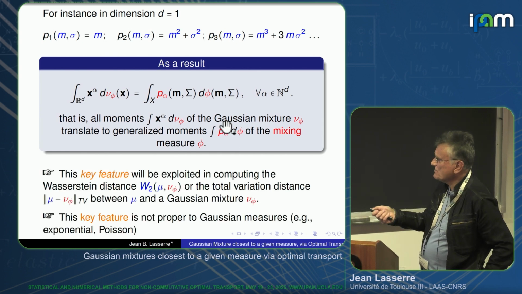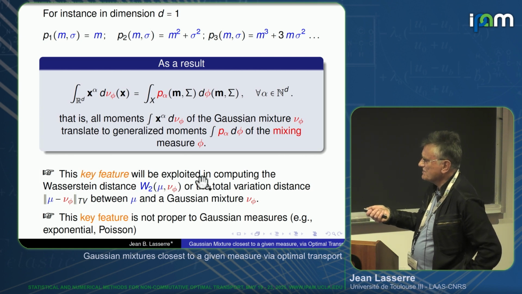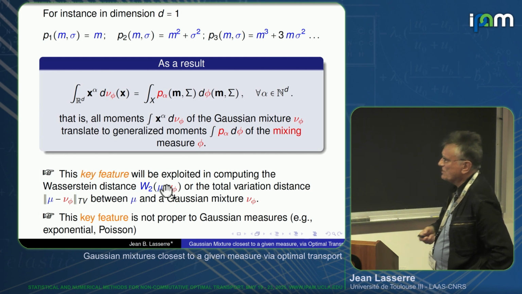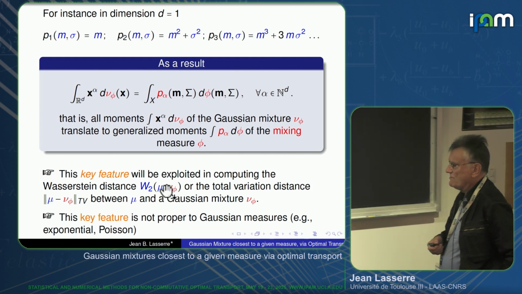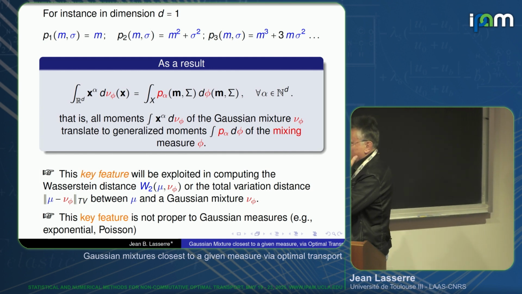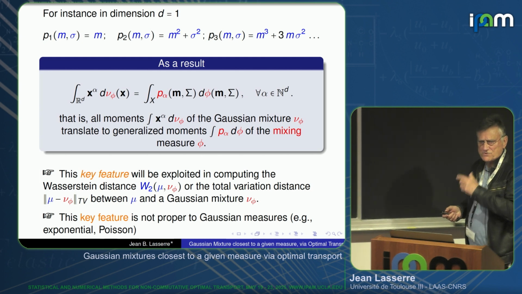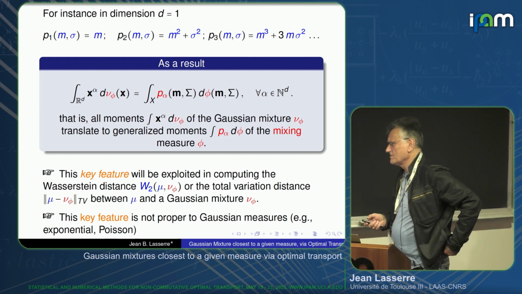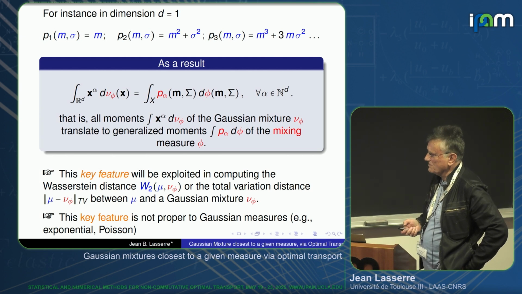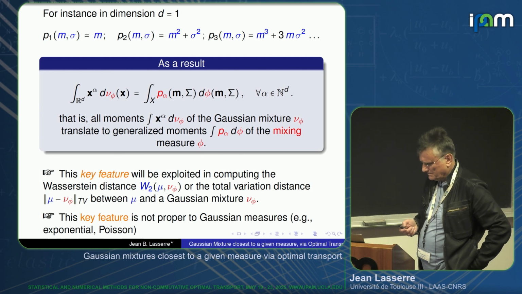And this key feature will be exploited for computing the Wasserstein distance, or the total variation distance, between mu and the Gaussian mixture nu_phi. In fact, this key feature is not proper to Gaussian measures. It's true also for the family of exponentials on the positive orthant, or the Poisson distribution, and so on. Not all parametric families are like that, but several of them have this nice feature.